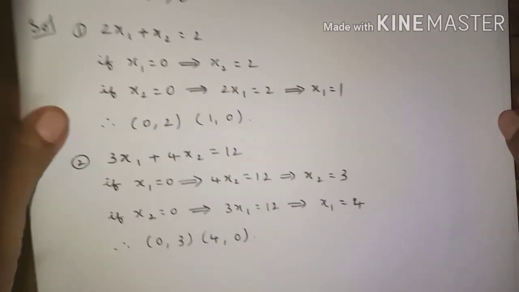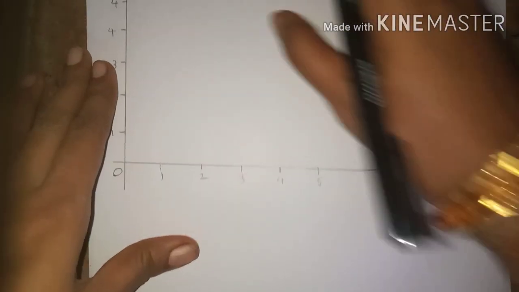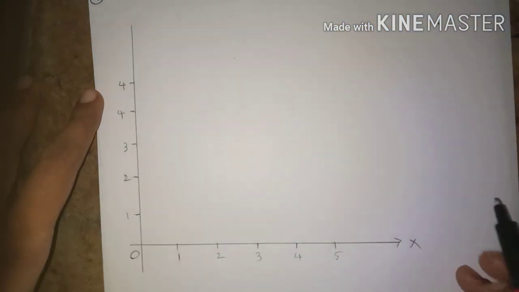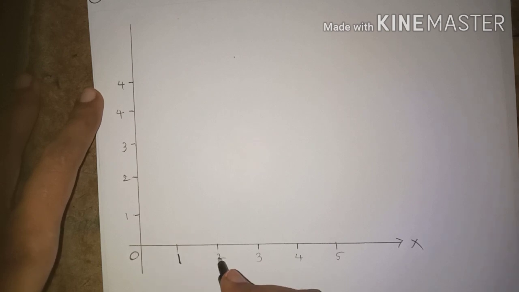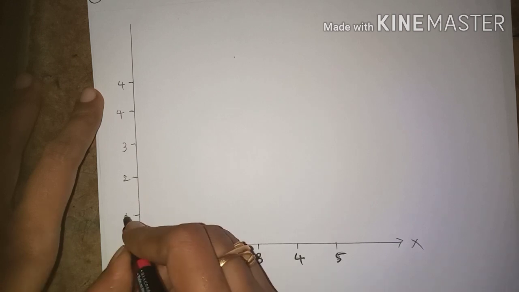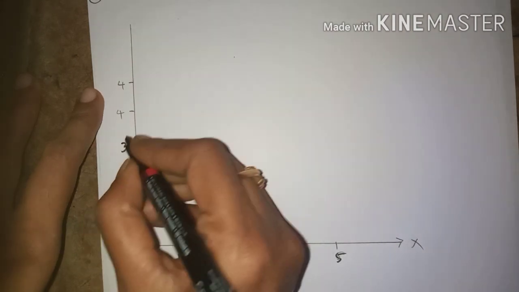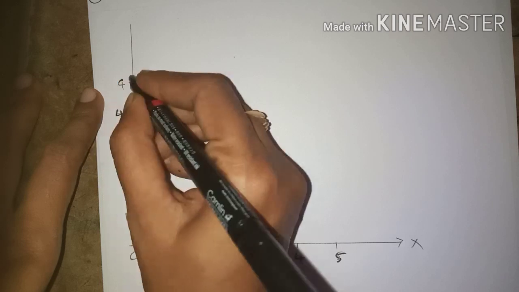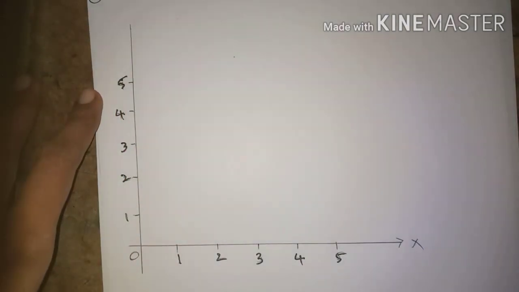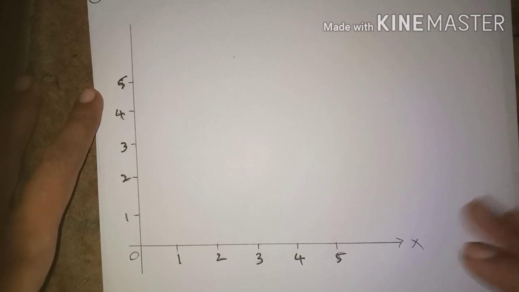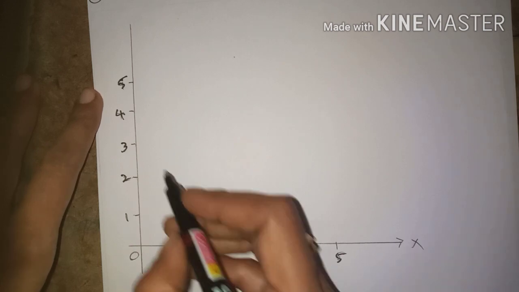Now, if you observe, I took the x-axis and y-axis like this. Now, the first point is (0, 2).